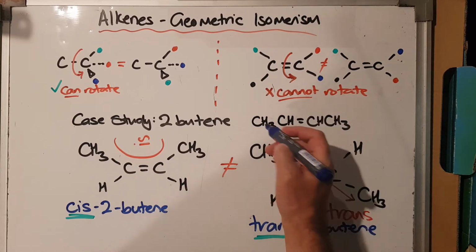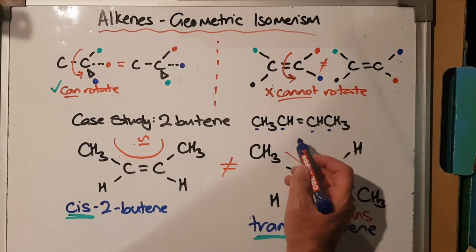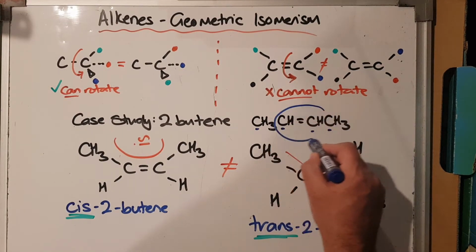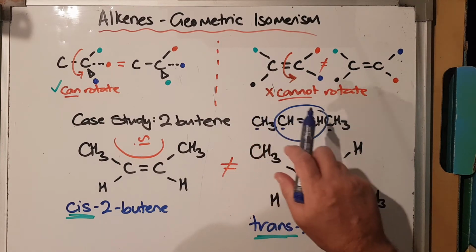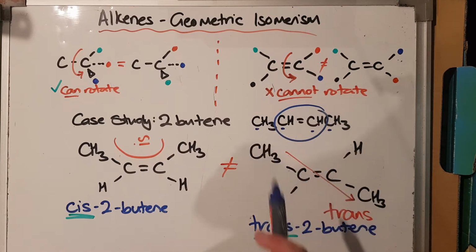We know it's but because it's got 1, 2, 3, 4 carbons. We know it's an ene because it's got a carbon-carbon double bond here. And we know that it's 2-butene because, 1, 2, 3, 4, or 1, 2, 3, 4, the lowest carbon that it's on is number 2.